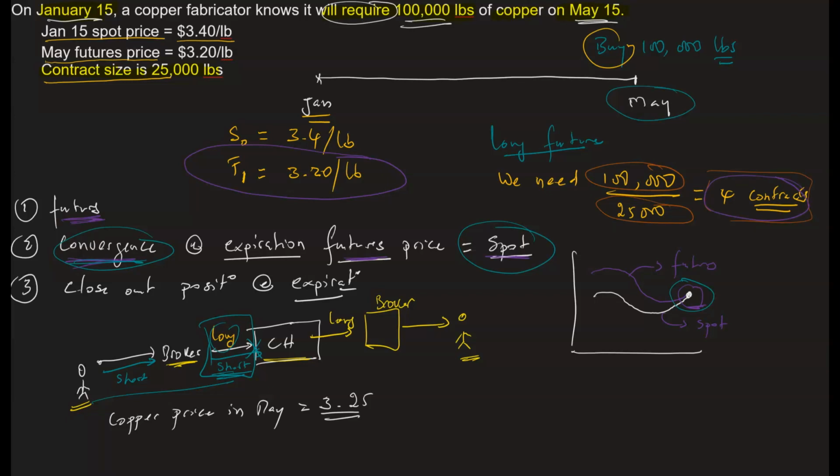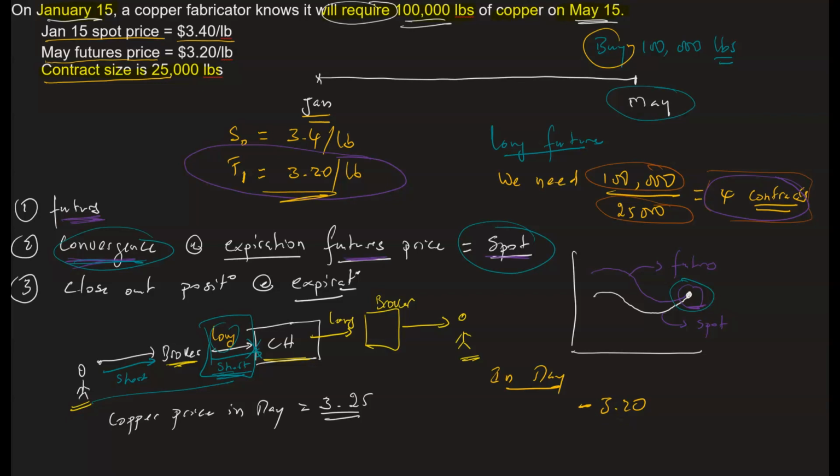And so what do we ultimately have? In May, what's going to happen is I'm going to close out the position. I'm taking a long position today, which means that my initial step was to pay $3.20 per pound. That is my initial position. That's what I was going to do in May.